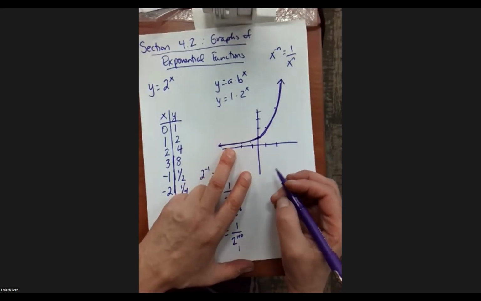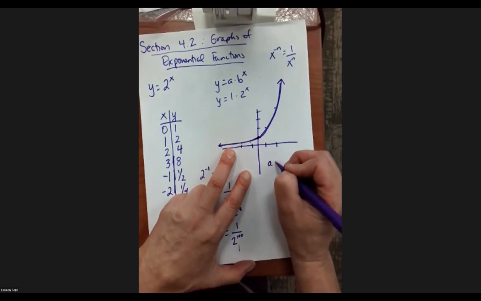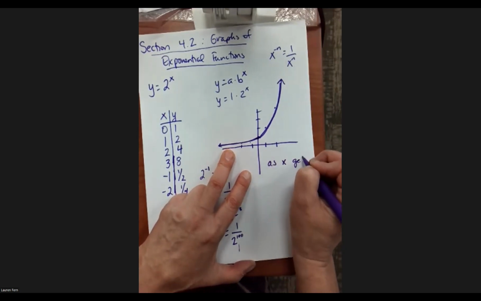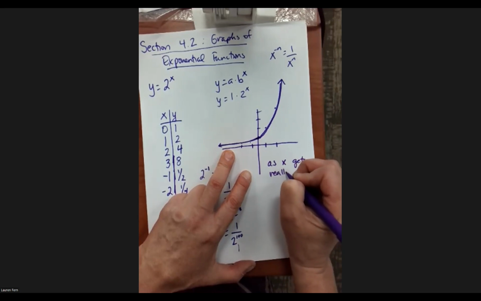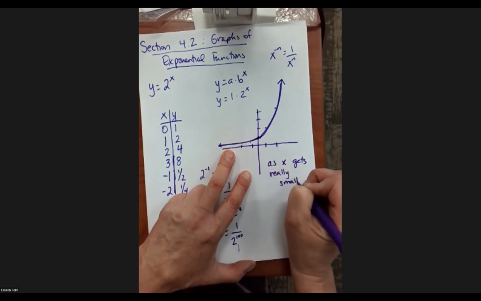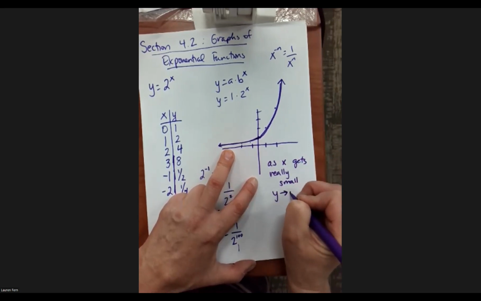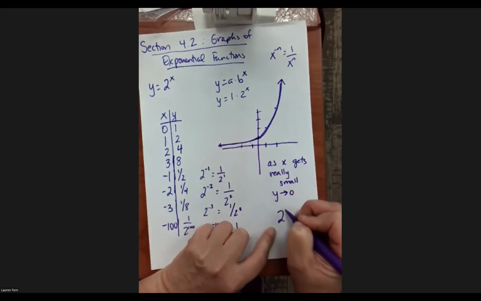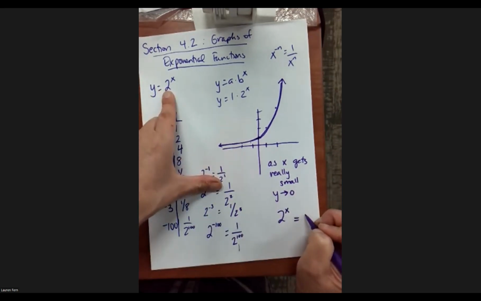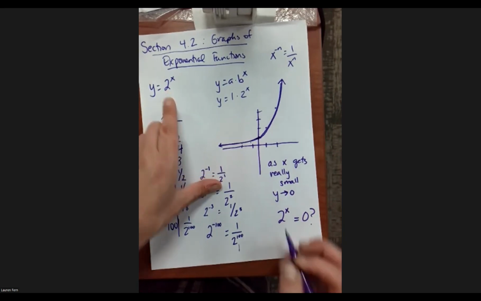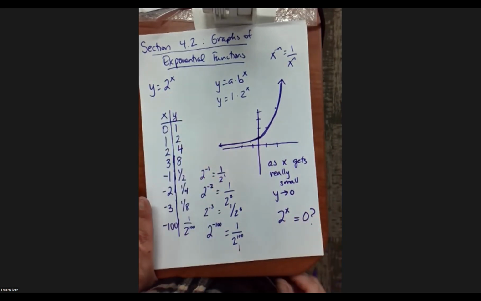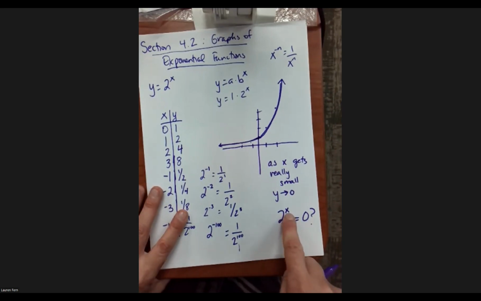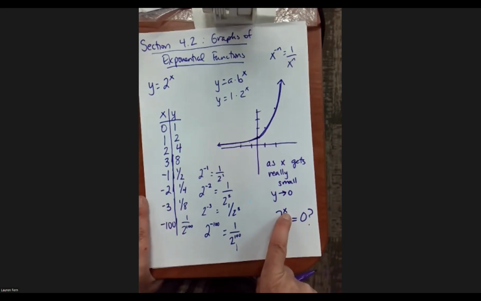Now, the thing that I want to point out is as x gets really small, our y values approach 0. But can 2 to the x ever actually be equal to 0? No. Okay, 2 raised to whatever power you put it to can never actually be 0.